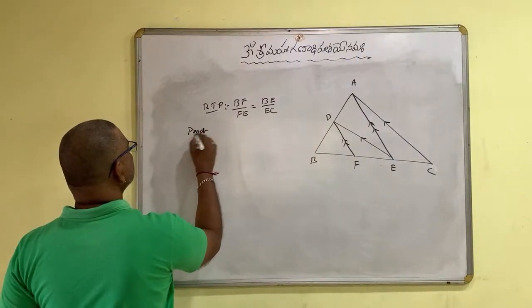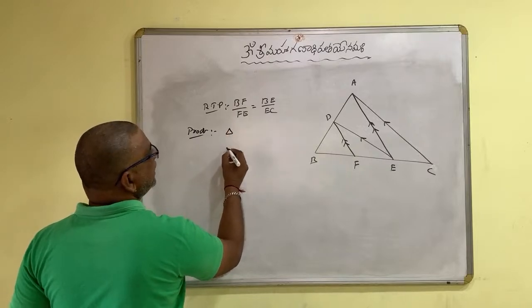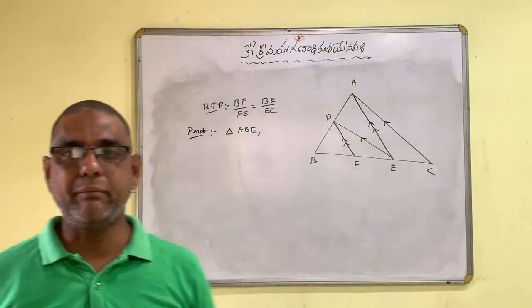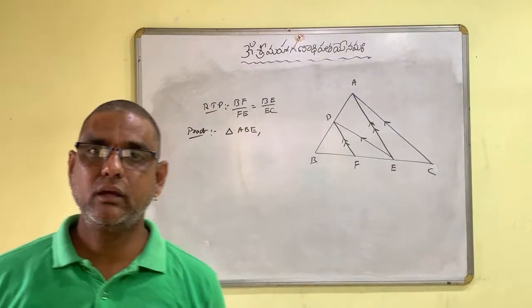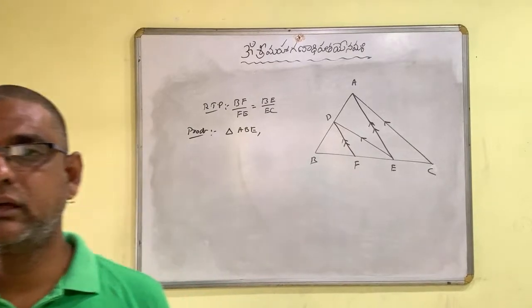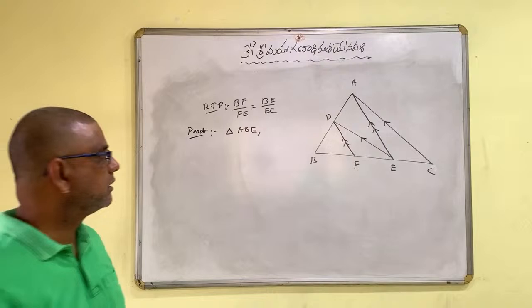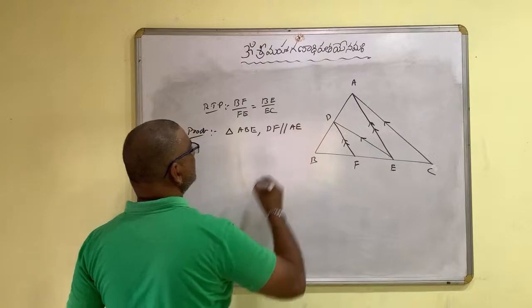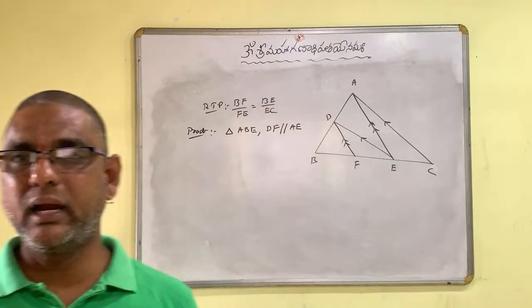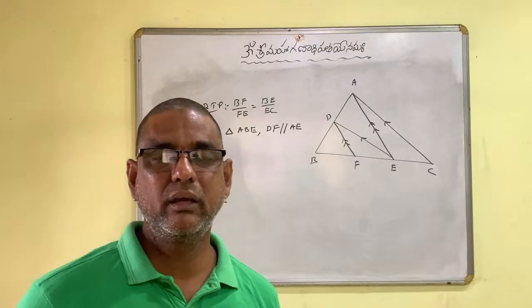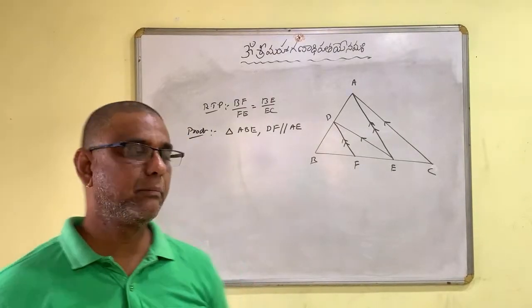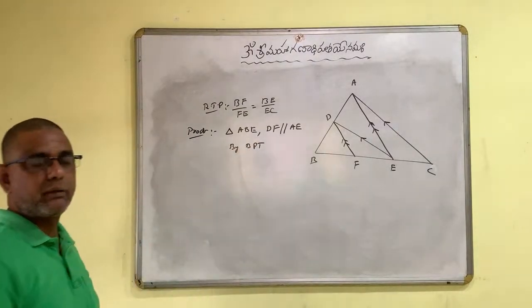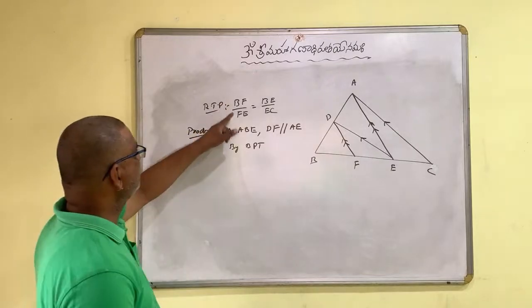Now, proof. Observe triangle ABE. In triangle ABE, DF is parallel to AE. Now, by basic proportionality theorem, BF by FE.